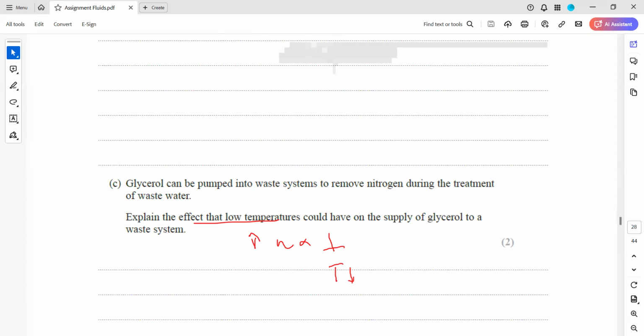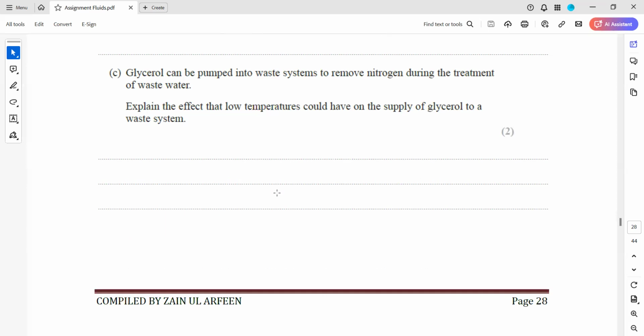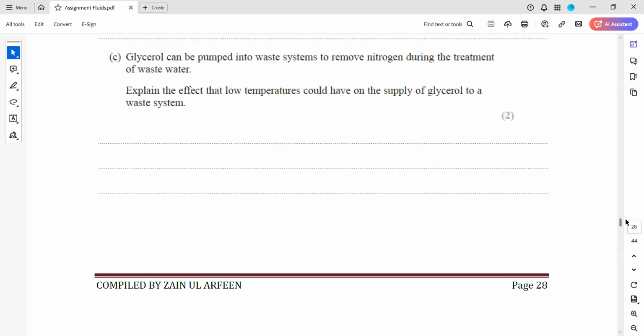It will move slowly through the system, or take a longer time to flow. You just have to relate the viscosity: if the temperature decreases, the viscosity increases, which will take much longer to flow through the wastewater. So this was 29.